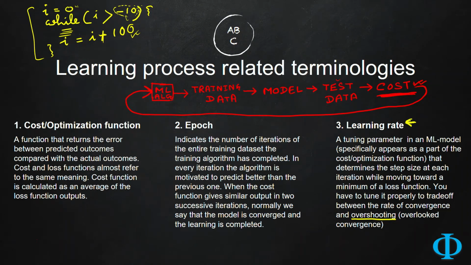The same thing can happen in machine learning also. There is a point of convergence. Let's say it looks something like this, the cost minimization function. This is the plot of the cost function. Here is the minimization point.